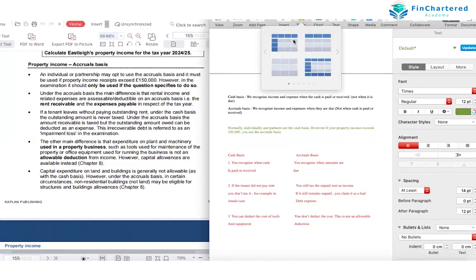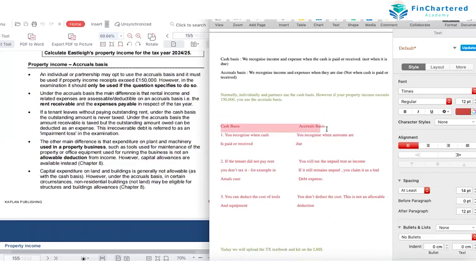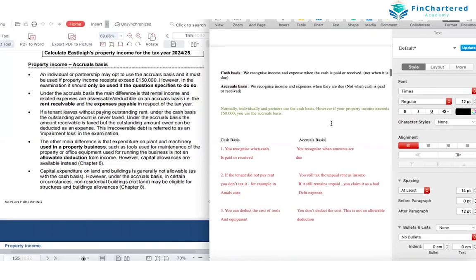I'm not very familiar with how to do it, but you can for sure put it in a table. Okay. So these are the differences, the cash basis and accrual. I told you what the cash basis is, and I have also explained what the accruals basis is. I hope everybody is happy. Okay, Chirag, you are happy?